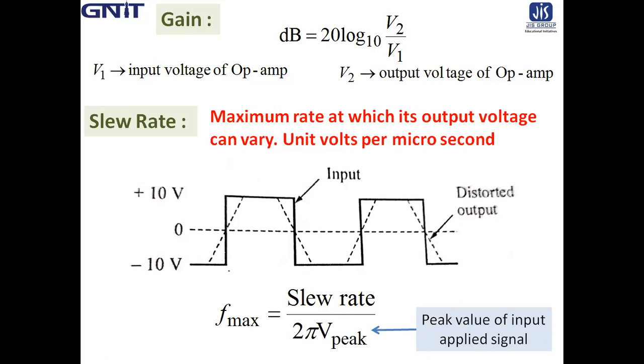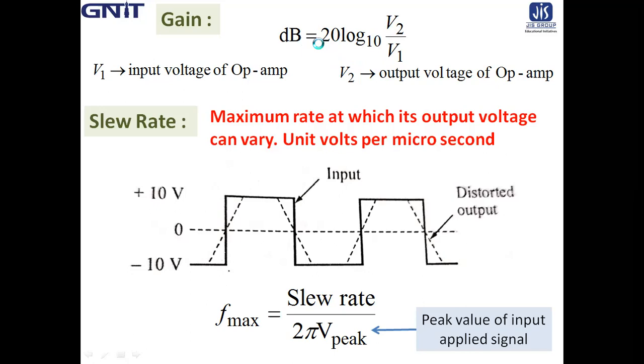If V1 is the input and V2 is the output voltage of an op-amp, then the gain in decibels is represented as 20 log10 (V2 by V1). In that way, we can determine the gain.